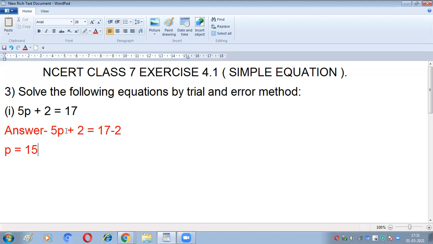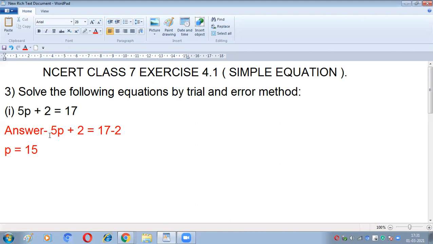And now at the last, we will take the variable which is in division or in the multiplication form. So 5 and p are in the multiplication form. 5 multiplied by p is equal to 5p. So now we have to find the value of p. So how will we find the value of p? Here is 5 multiplied by p.